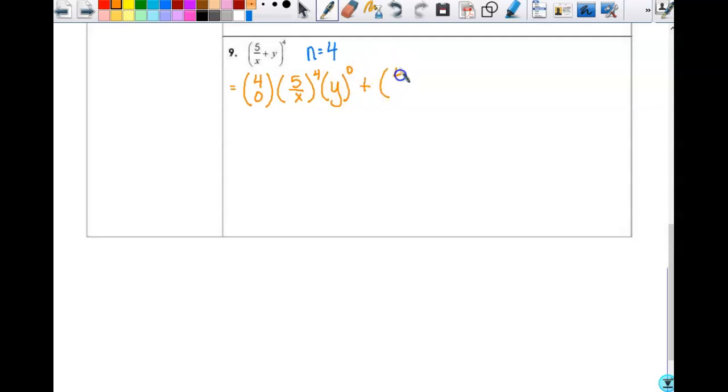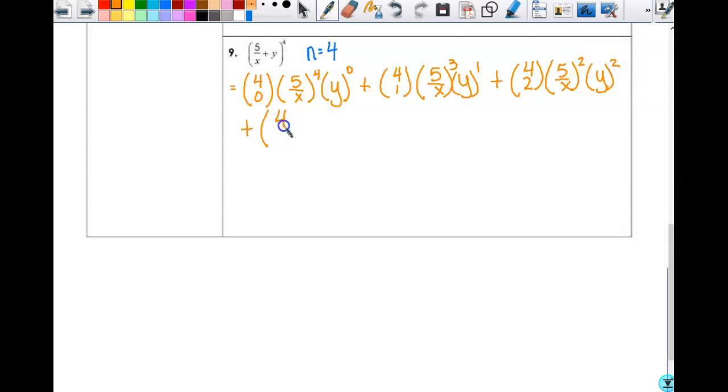Plus, then we get 4, 1 times 5 over x to the 3rd power y to the 1st power. Plus 4, 2, 5 over x squared times y squared.